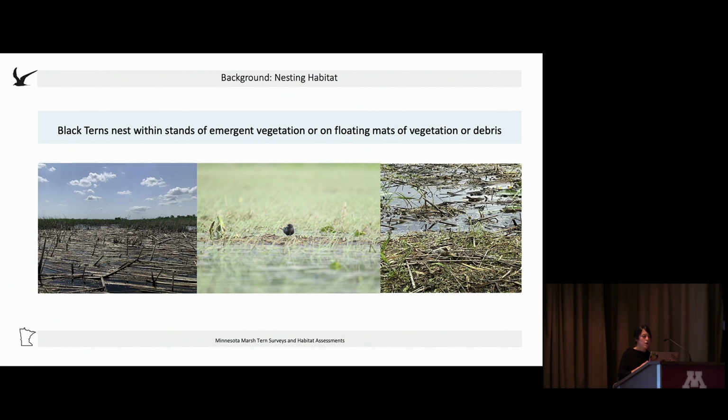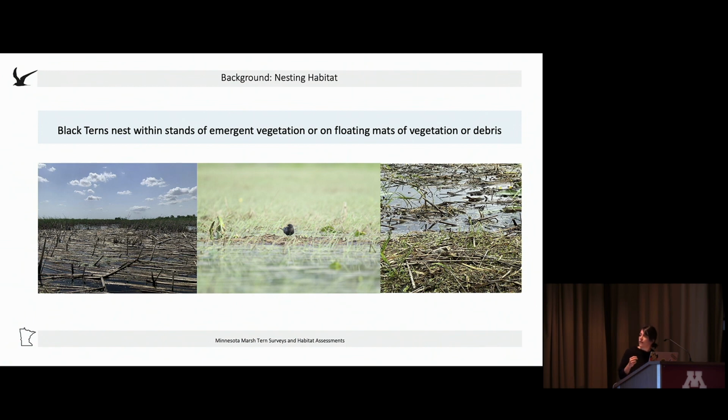And they are more impacted by changes in vegetation between years, whether or not they'll come back if a site is still adequate for them to nest. So they prefer, again, emergent vegetation or floating mats of vegetation and debris.